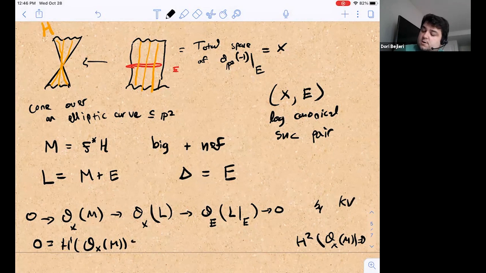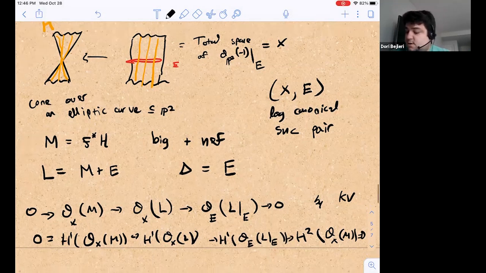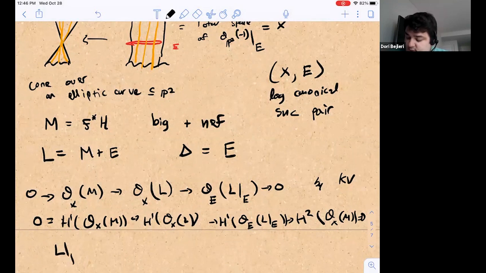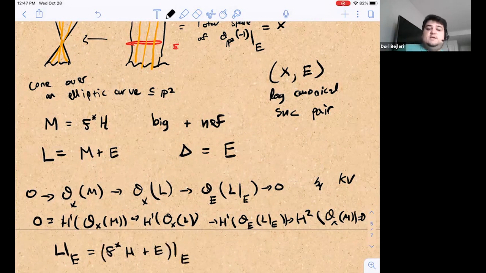And so H1 of L is the same as H1 on the elliptic curve of L restricted to E. But now L restricted to E is the pullback of H plus E restricted to E. The pullback of H restricted to E is just 0 because it's the exceptional curve.